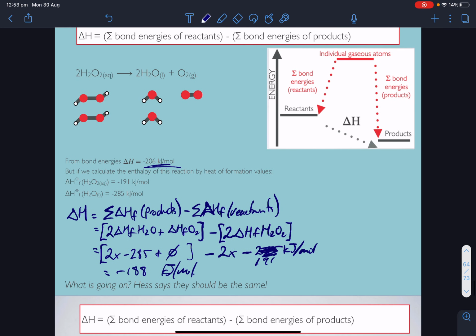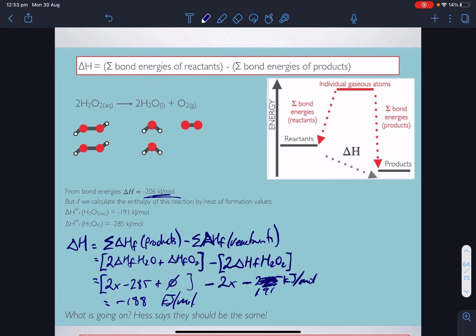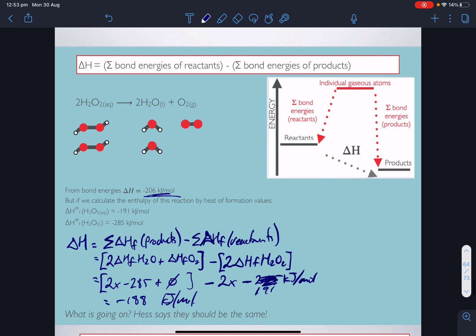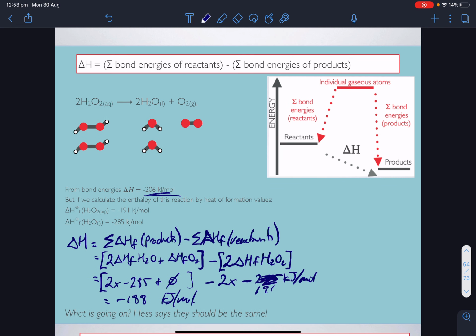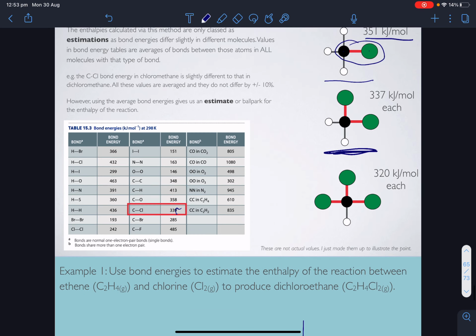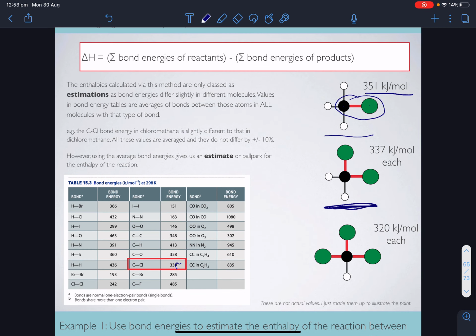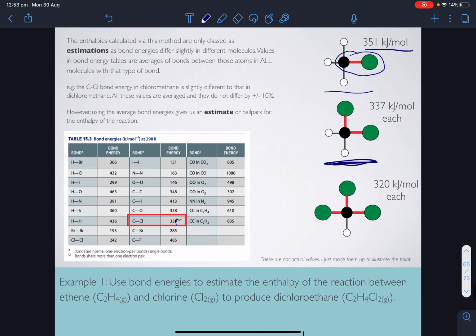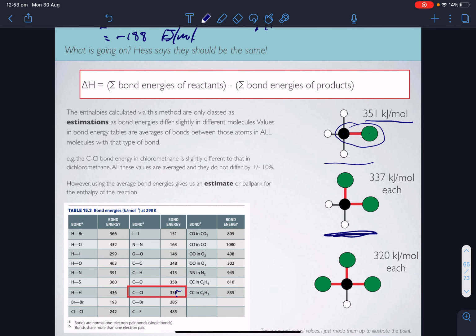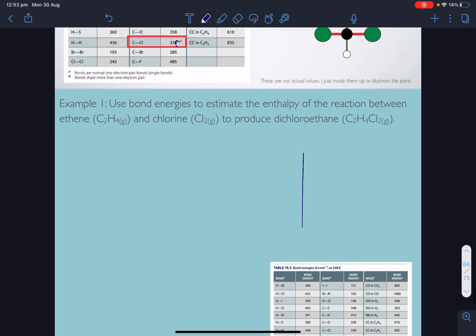And it's a decent estimate because if we use the more accurate value using the heat of formations, we get negative 188. So it's an extra 10% out. That's not too bad for an estimate. So that's why we use estimations for enthalpies using bond energies, because the bond energies are all slightly different for different molecules, and we take the average of all those different situations.